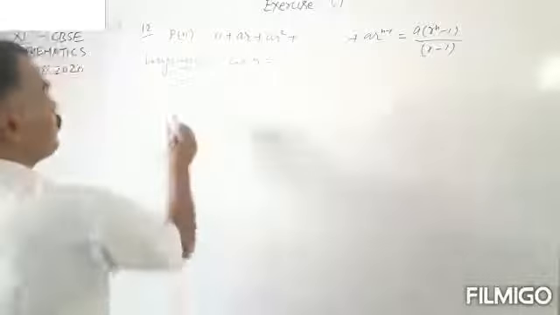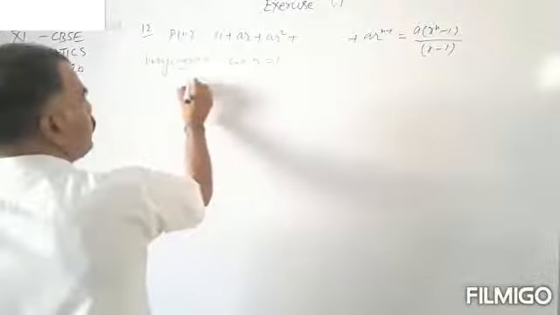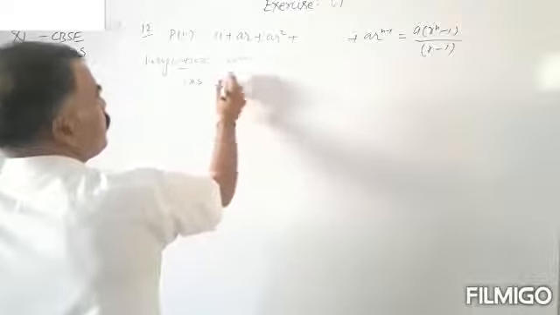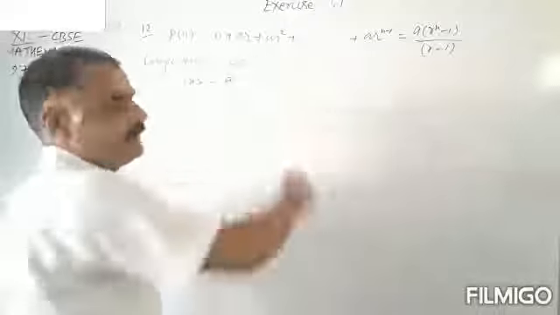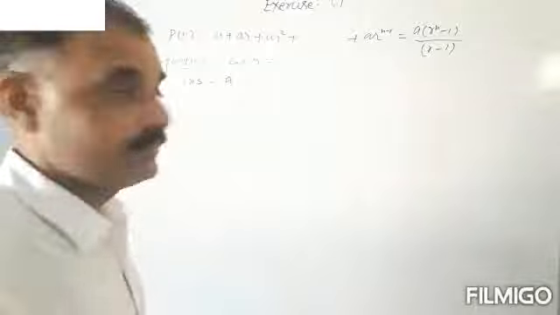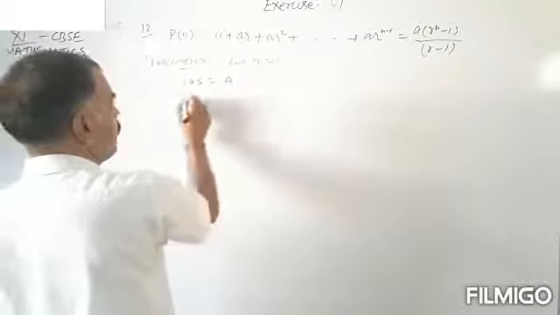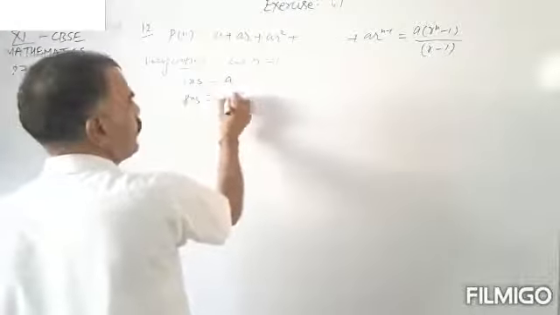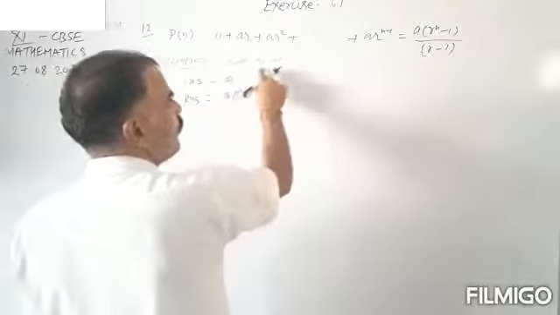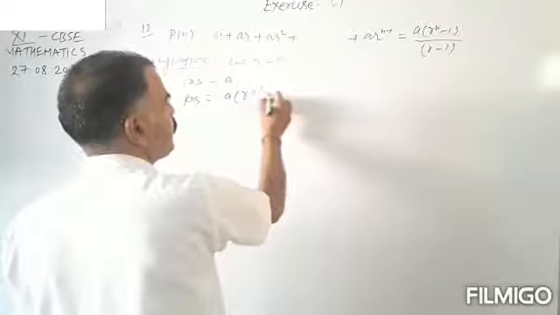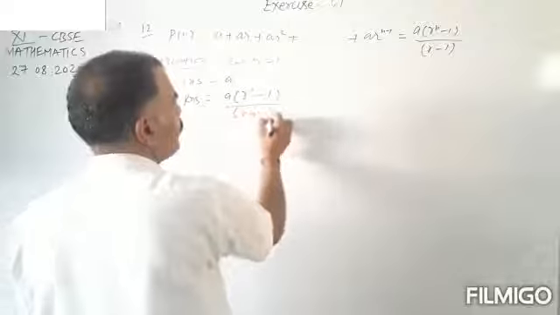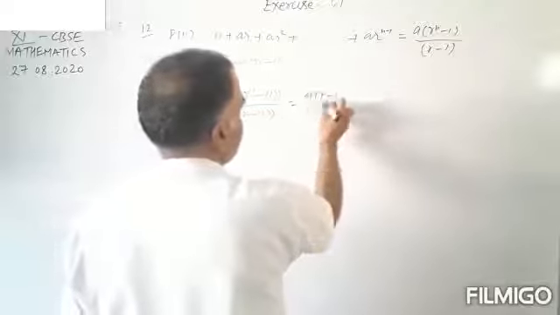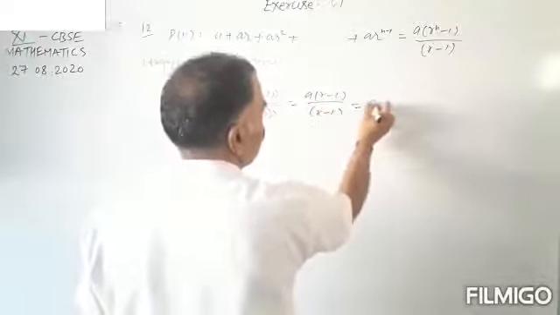For n equals 1, the left hand side is equal to a. For n equals 1 there is only one term, the first term, which is a. The right hand side is equal to a into (r to the power 1 minus 1) upon (r minus 1), equals a into (r minus 1) upon (r minus 1), equals a.